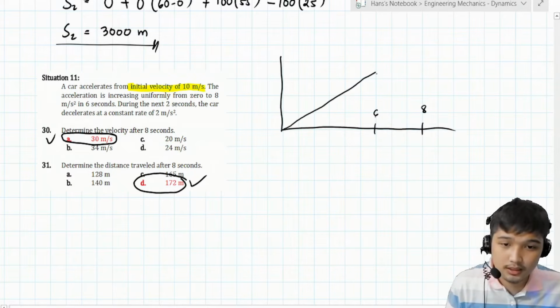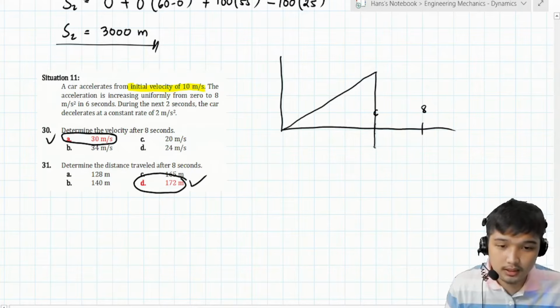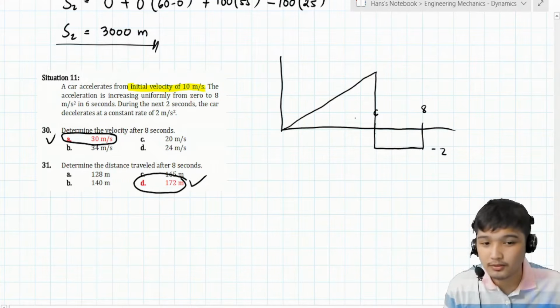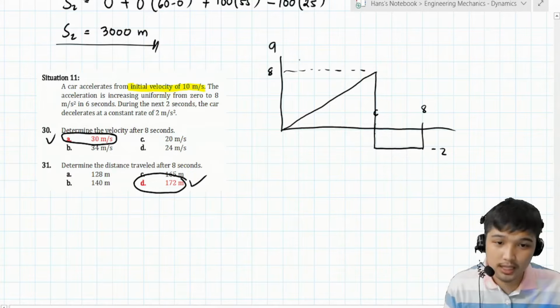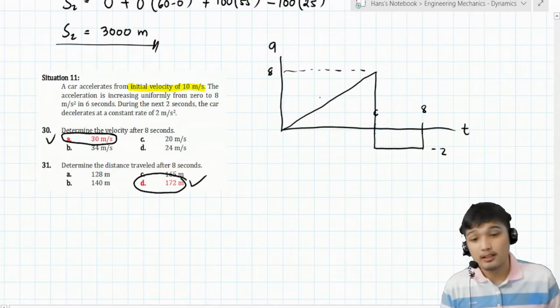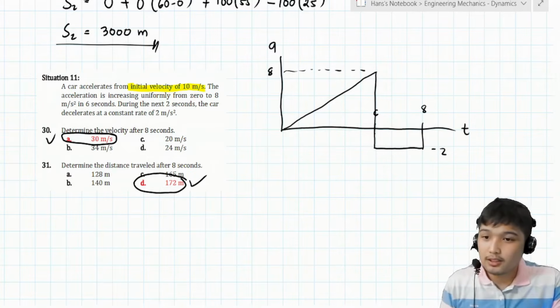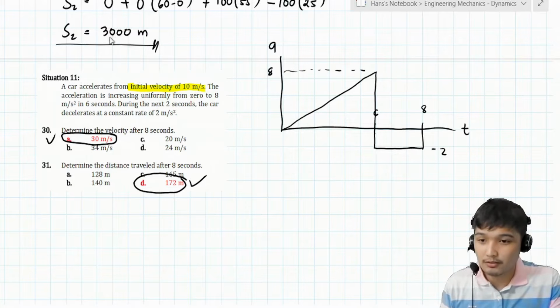So, increasing. And then, constant deceleration. Ayan. So, this one is negative 2. This one is 8. So, this one is the acceleration time diagram. Ang tinatanong is yung position niya after 8 seconds.